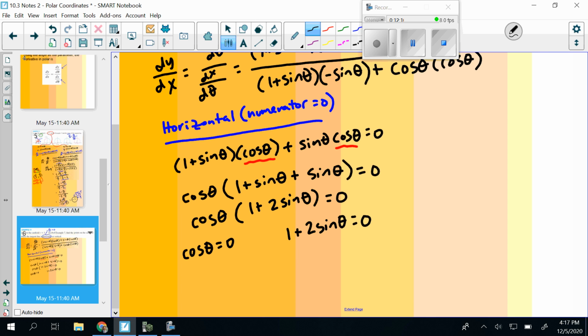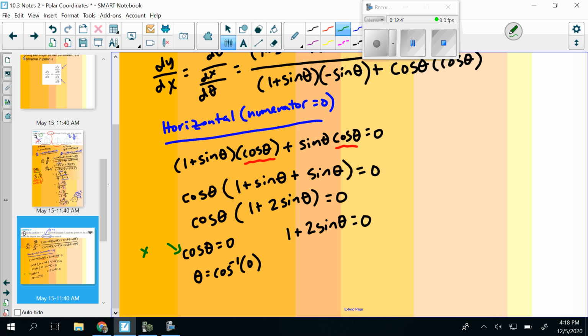To solve that, we could do inverse here. So we can see cosine inverse of what equals 0, and you can solve it that way if a calculator's available. Otherwise, think on your unit circle, where is cosine equal to 0? Remember, cosine is the x value on the unit circle.